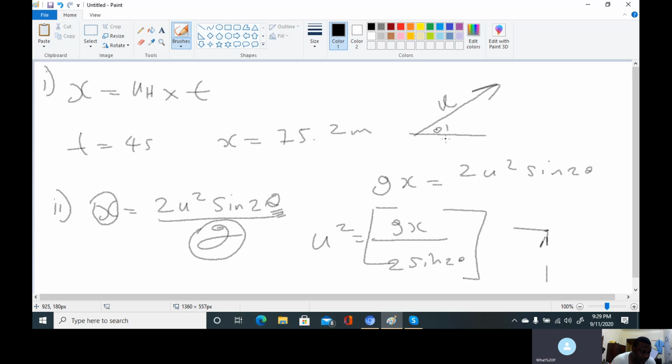They gave us the angle as well, so 2 times that angle. So it's just going to be g, 9.81, times the 75.2, and then sine. When you put sine in the calculator, you'll have to say 2 times 40, so you're going to sine the angle 80.